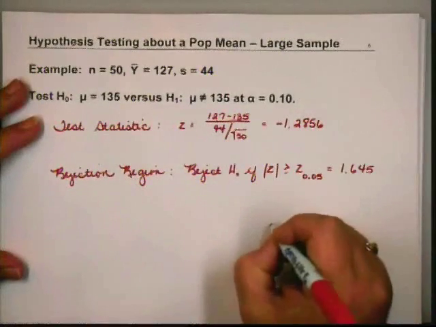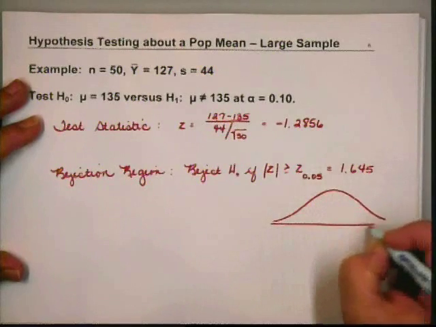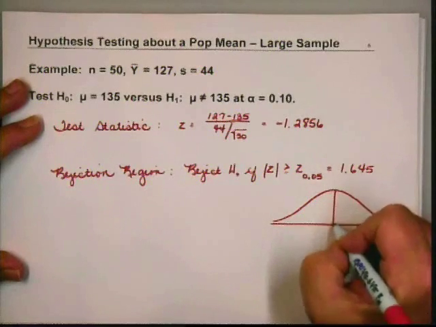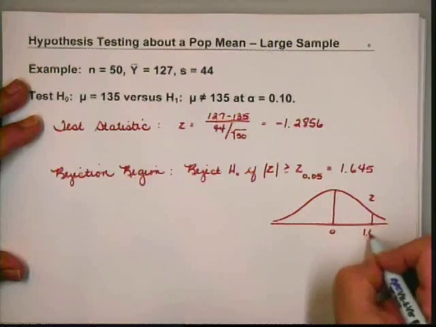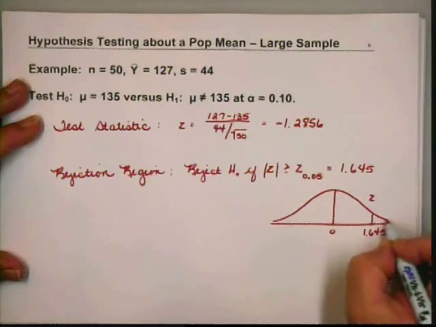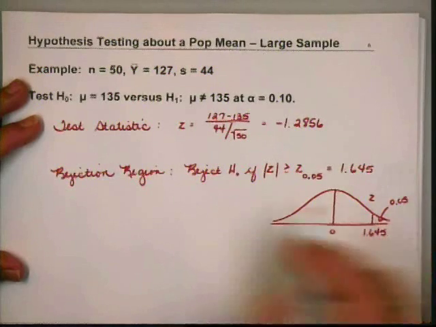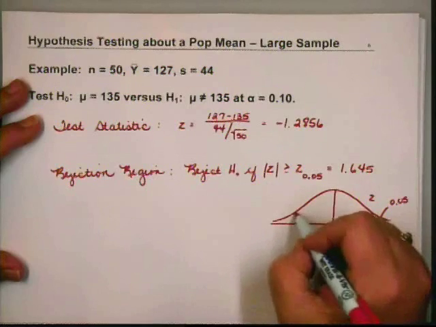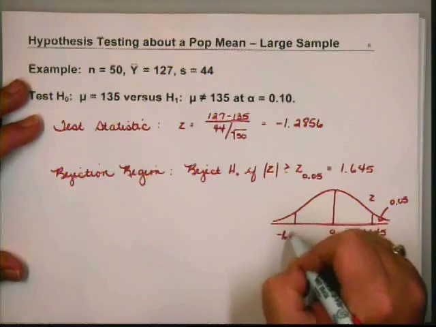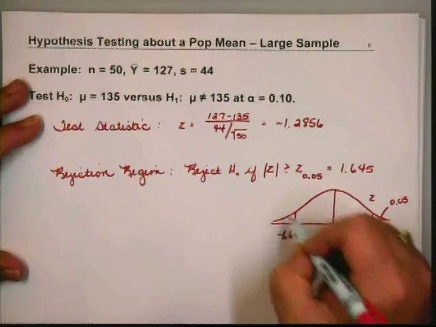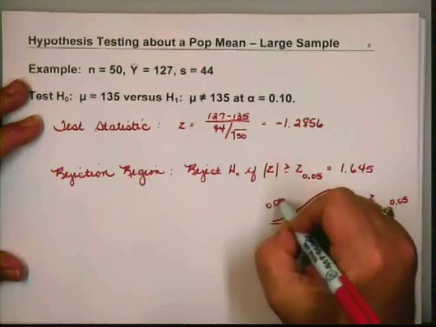So if we draw that picture, like we learned when we discussed the distributions, 1.645 determines a right-hand area of 0.05. It's absolute z, so we can also look at negative 1.645. This area over here then would be the mirror image, and it also is 0.05.